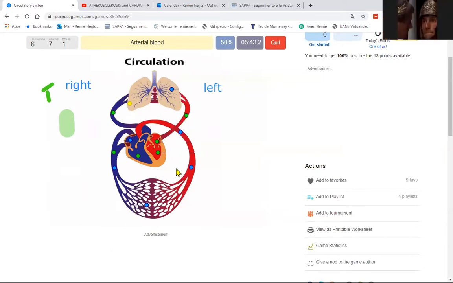It would have to be bottom right. No, this would be blood in the veins because it's blue. Arterial blood is always red, so it could be this one or this one. I think this refers to the aorta, so I would take this one. Okay. Capillaries, Santiago. What are the capillaries?